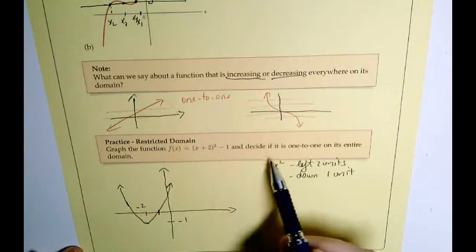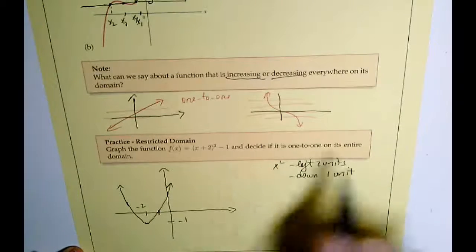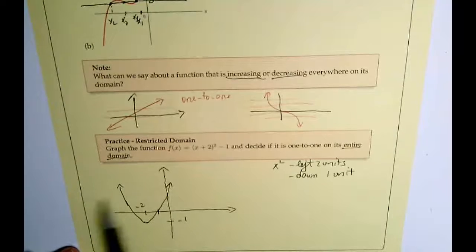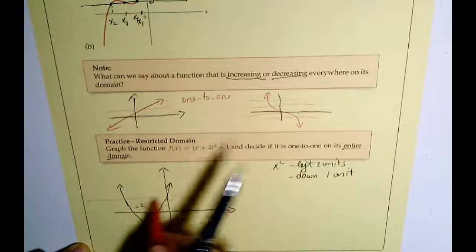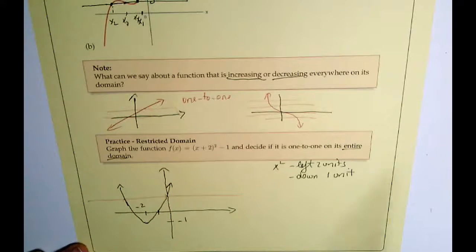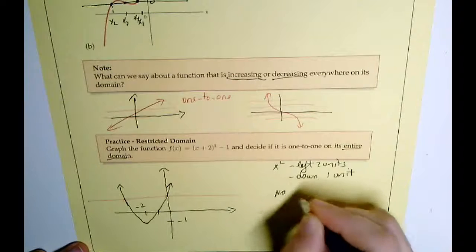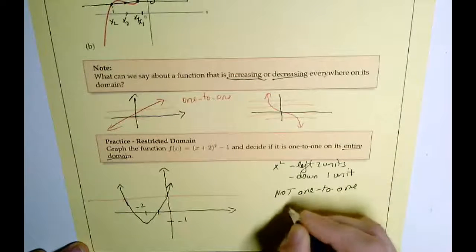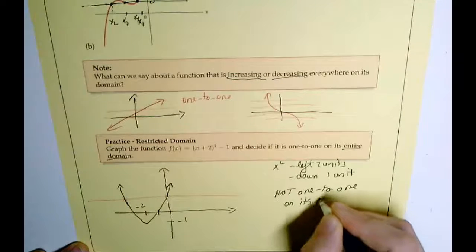Okay, so is this function 1-to-1 on its entire domain? Well, if I look on its entire domain and draw a horizontal line, I see that it crosses in 2 different spots. So no, not 1-to-1 on its entire domain.